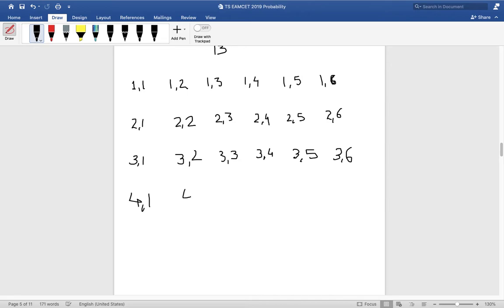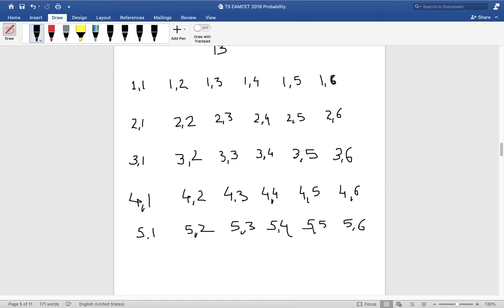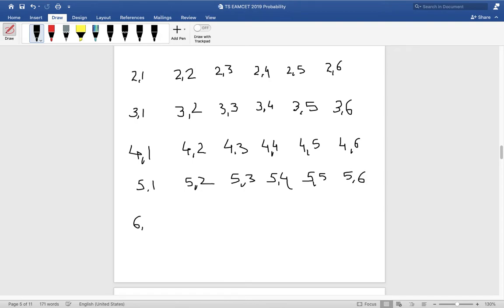4 1, 4 2, 4 3, 4 4, 4 5, 4 6, then 5 1, 5 2, 5 3, 5 4, 5 5, 5 6, 6 1, 6 2, 6 3, 6 4, 6 5, 6 6.